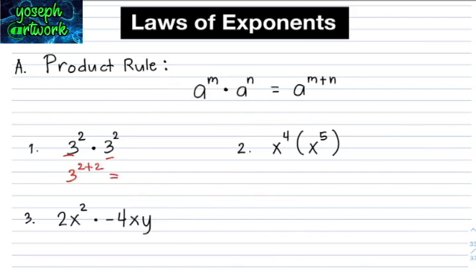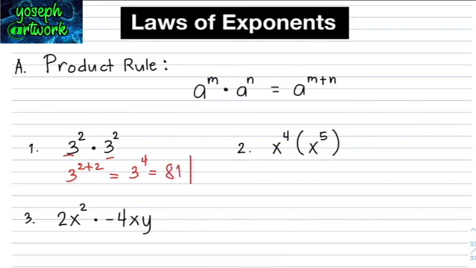Simplifying your exponent, that will give you 3 raised to 4. And we know na ang 3 raised to 4 natin ay simpleng 3 times 3 times 3 times 3, and that is equal to 81.